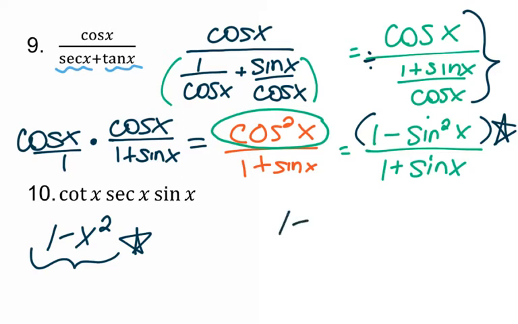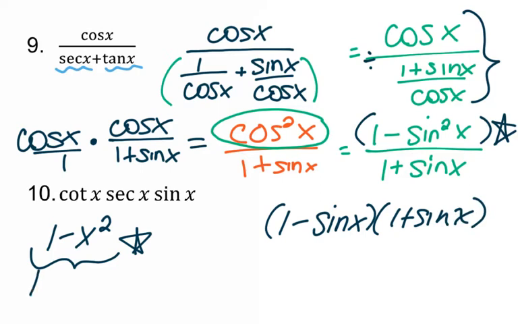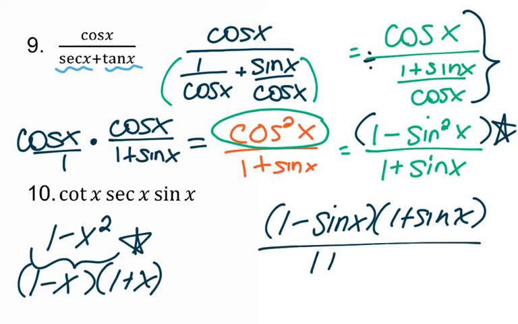So we'll go ahead and factor the numerator to 1 minus sine x, and then 1 plus sine x. So I normally look at an algebraic problem and say, how would I factor this? And then I do something similar with my trig expressions. The denominator will now cancel with part of the numerator, and we'll end up with 1 minus sine x as your final answer.